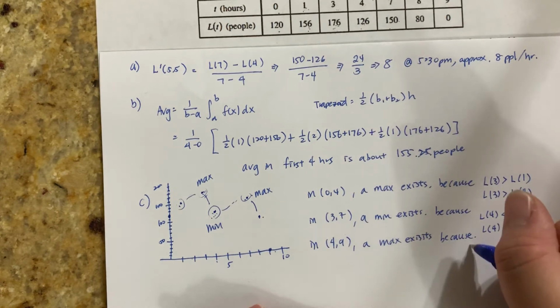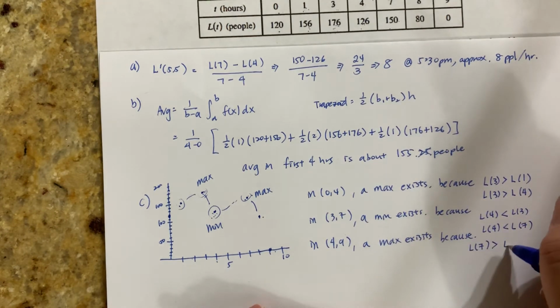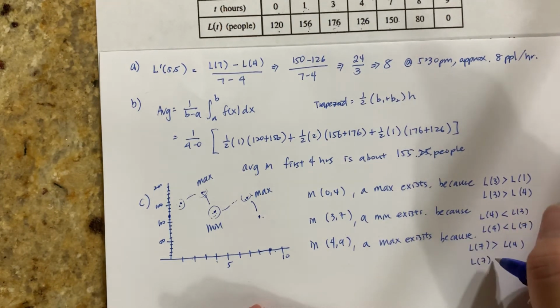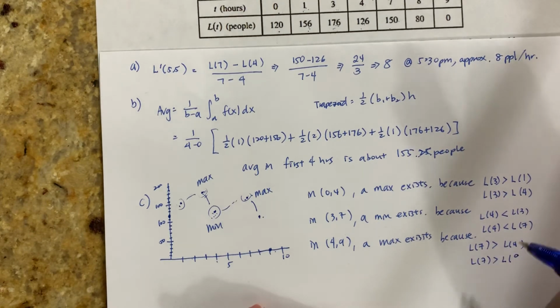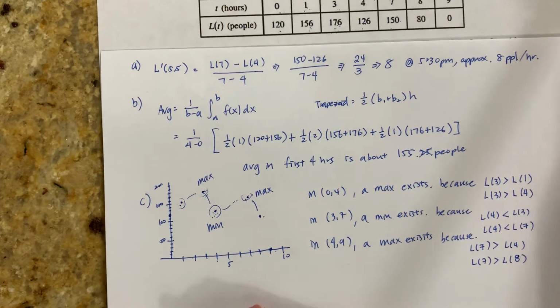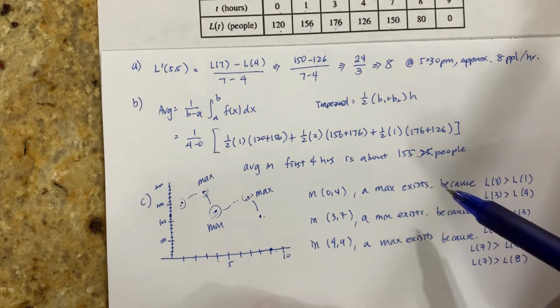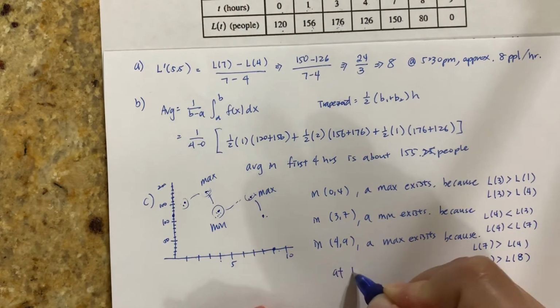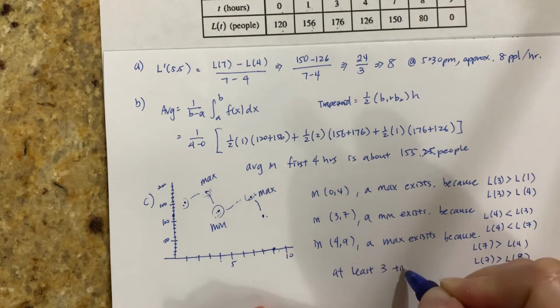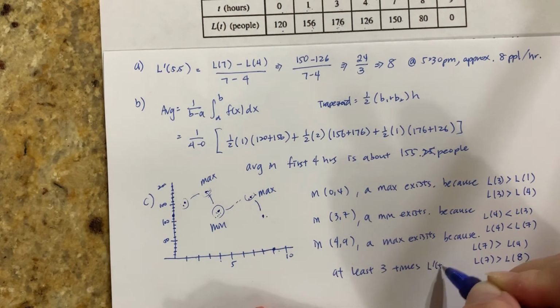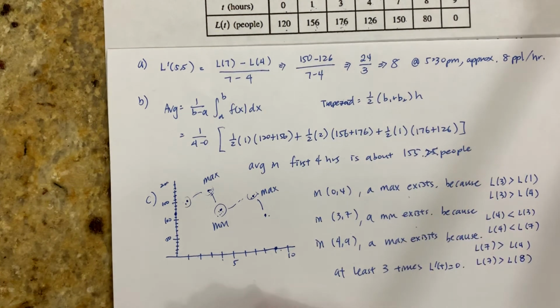Because L of 7 is greater than L of 4, and L of 7 is greater than L of 8, and you can say L of 9. So either way works. All right, so now we've proven that at least 3 times the derivative must equal 0 because I have 3 extrema.